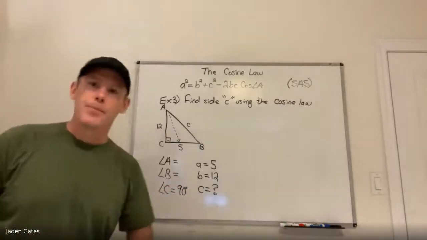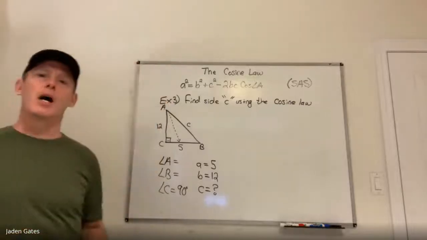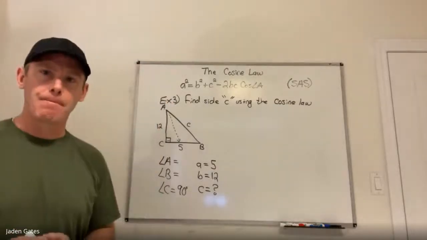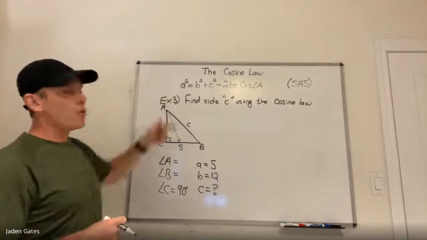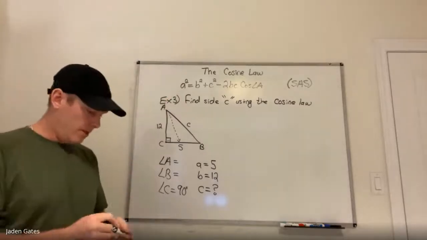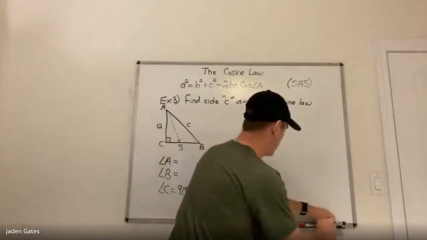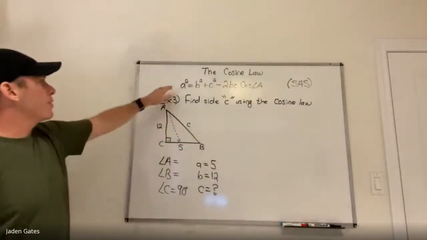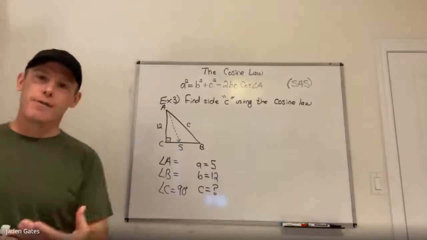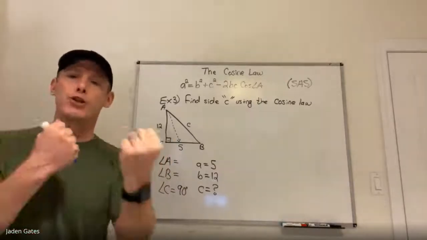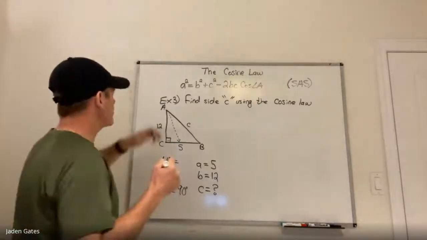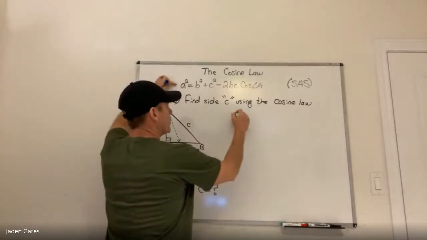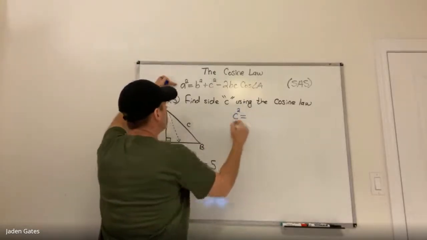All right, now, with our formula, I am trying to find side C. So I am, again, going to rearrange my formula so that I don't have to move things around at the end. Because I'm trying to find side C, I'm going to switch A's and C's. Instead of an A squared, I'm going to have a C squared.